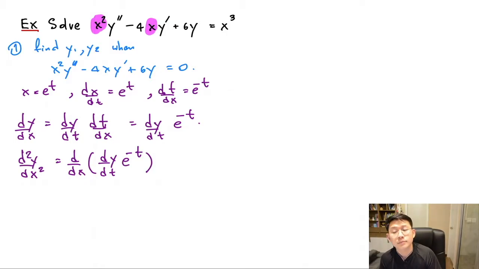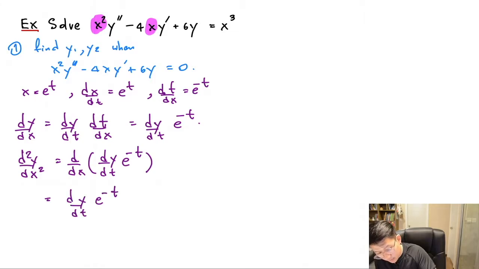That is dy by dt e to the minus t, d by dt, times dt by dx.